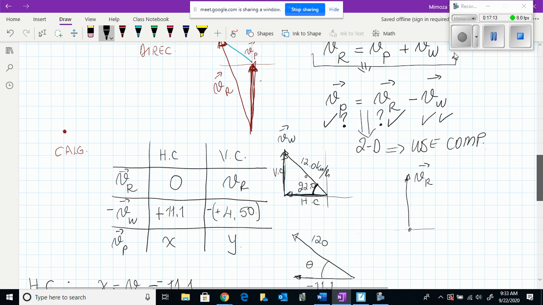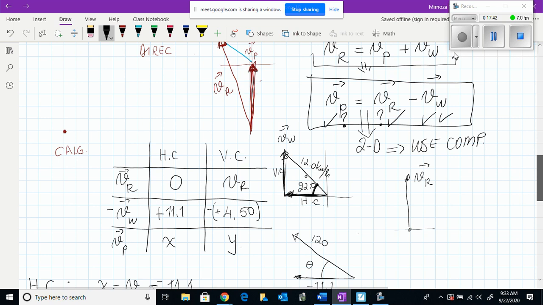For the wind, we do have a vector that is between north and west. So we had a vector that is 12 kilometers per hour at 22 degrees north of west. So that means that this angle is 22 degrees, and the horizontal component is negative, from the formula, from this relationship here.